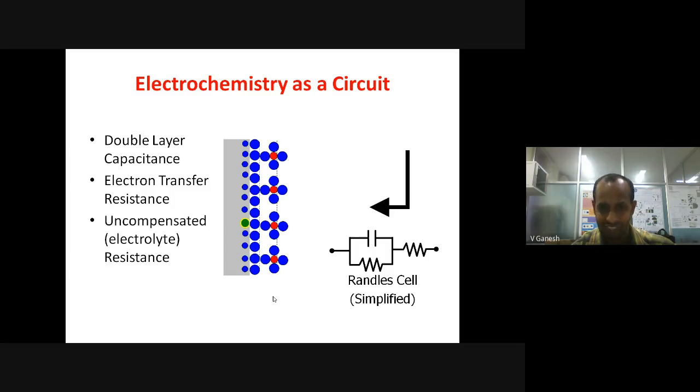How do we understand this process? I used to tell a joke during my lectures in class. Let's say your mother is cooking in the kitchen, and you are sitting and watching TV, relaxing on the sofa.